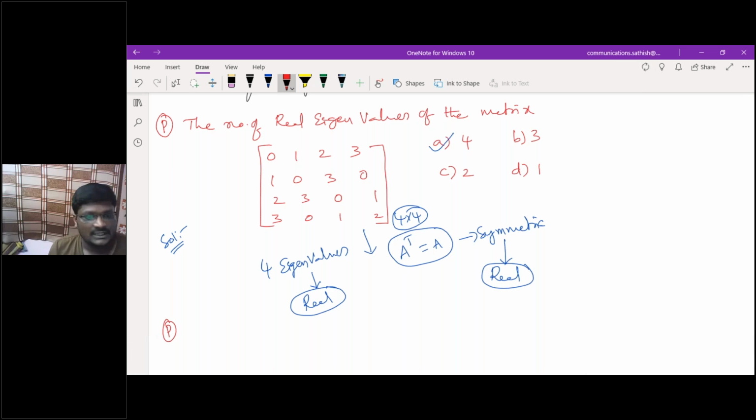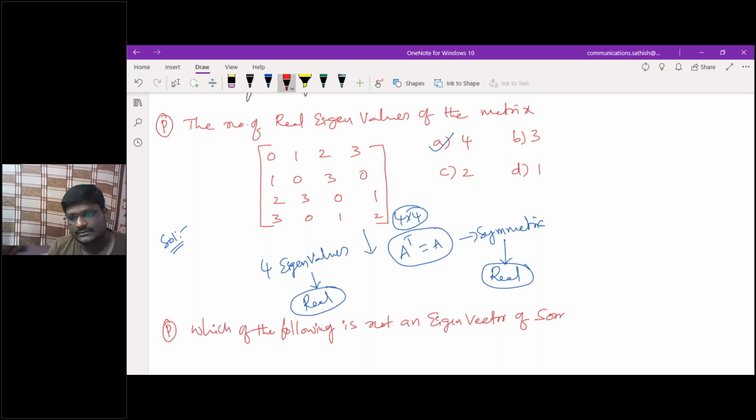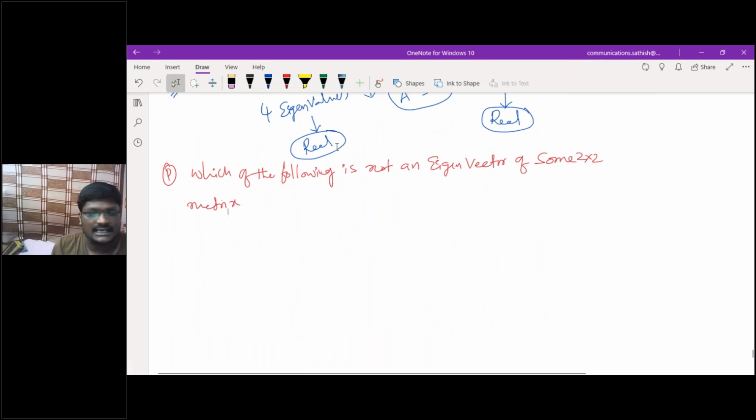Next, one more problem. Which of the following is not an eigenvector of some 2 by 2 matrix?